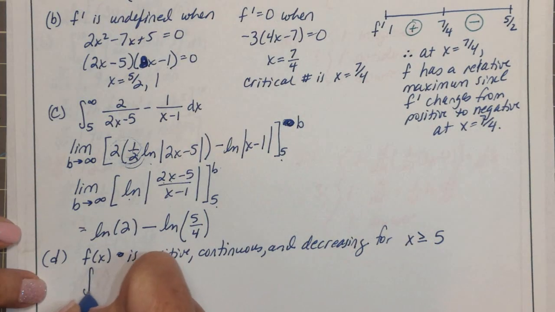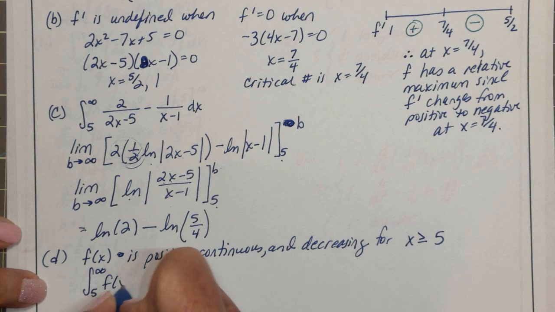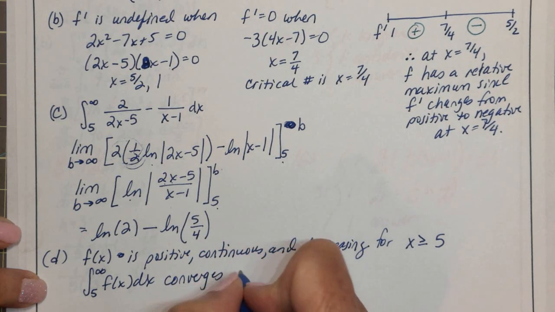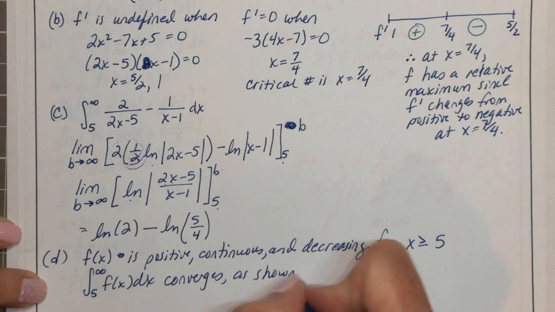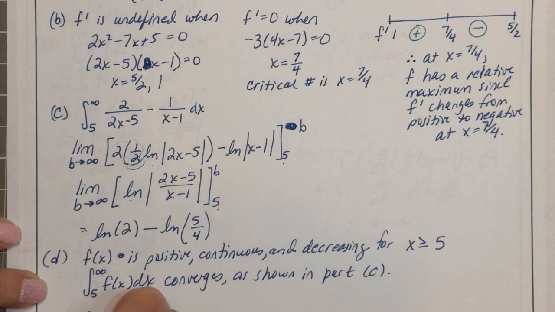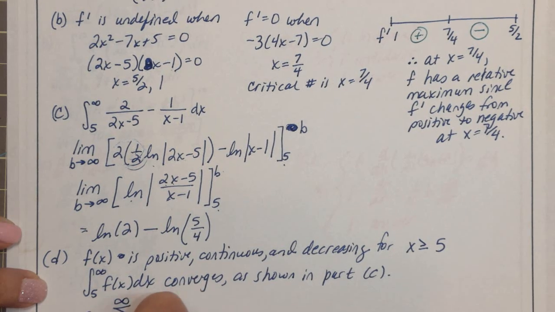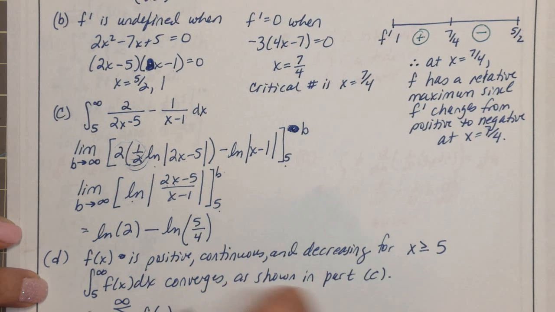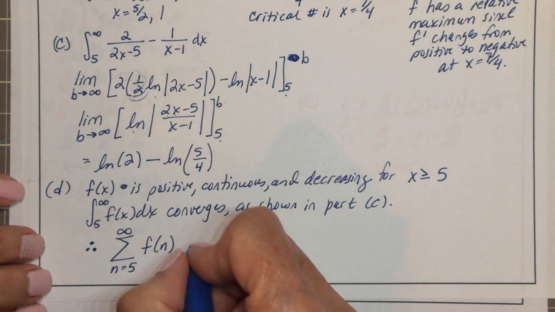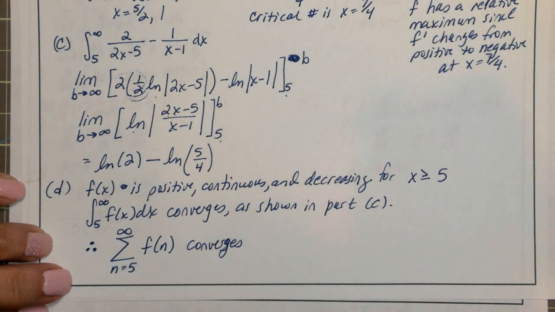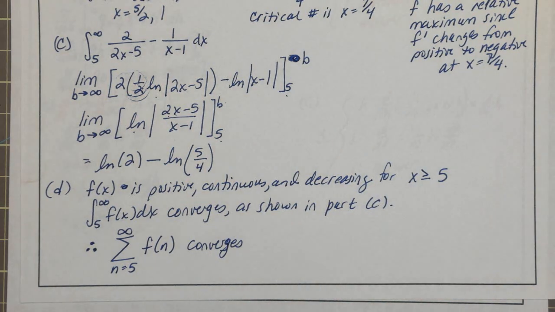The integral from 5 to infinity of f of x converges as shown in part C. Therefore, the series for f converges by integral test. I don't have to say by integral test, but that's what it is.